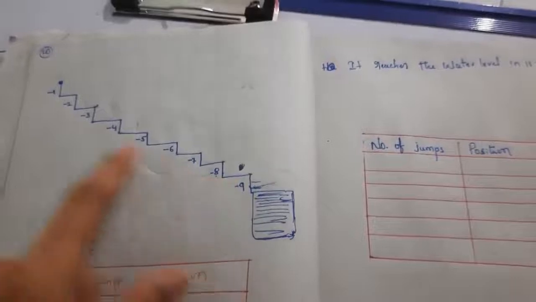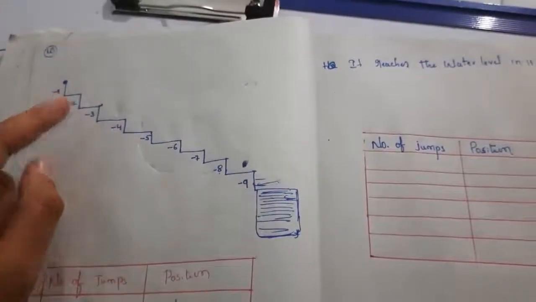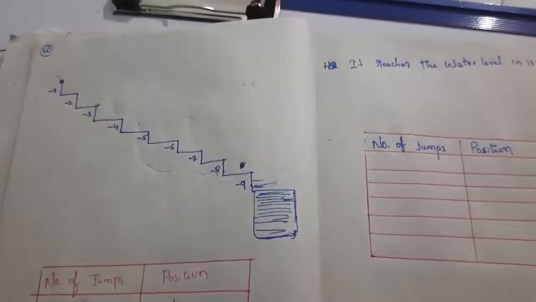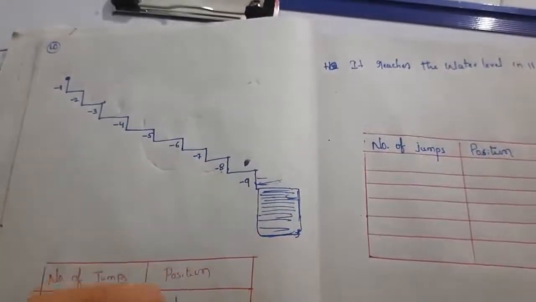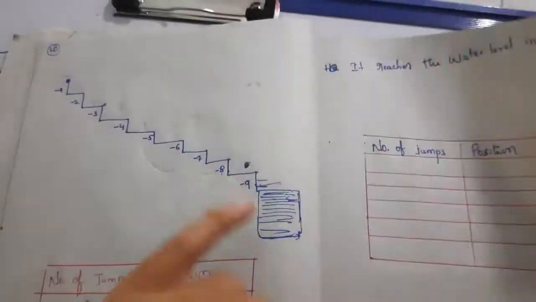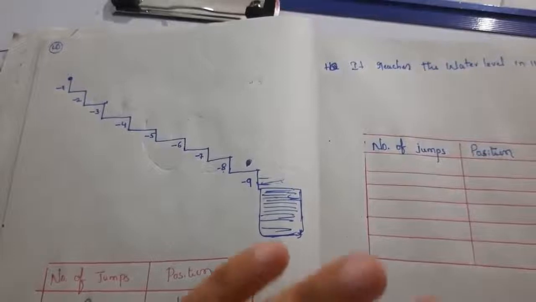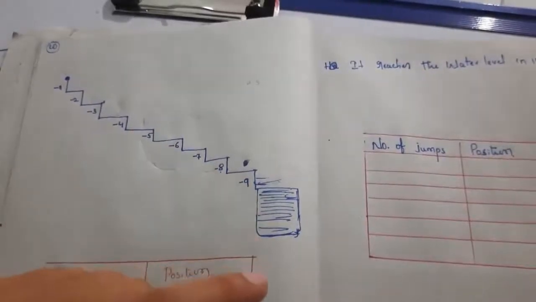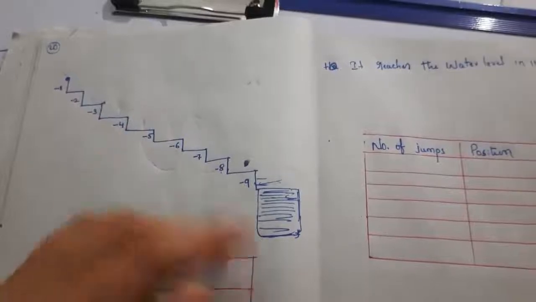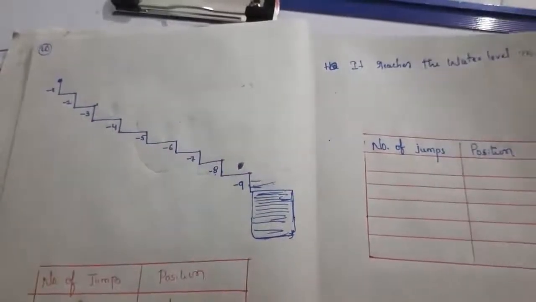Now from minus 9 to minus 1 it has to reach. Now this time the movement is a bit different, is it? Focus here. To move from minus 9 to minus 1, 4 steps up in the first move. In the second move it comes down 2 steps.